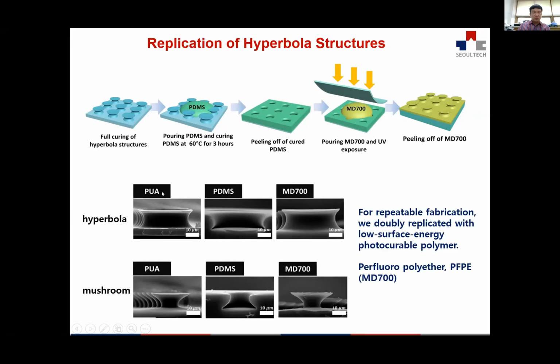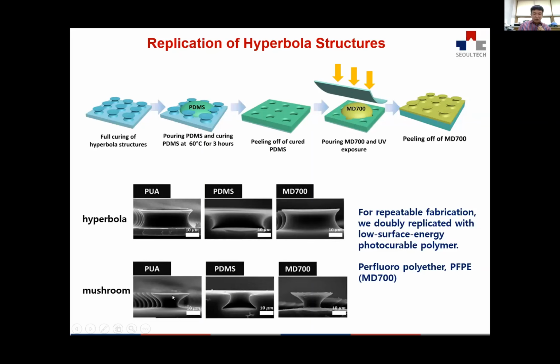In this case, at first we used the polyurethane acrylate, and the first replicated structure is this one, and we can get the doubly replicated structures with fluoropolymer. And when we control the condition such as the space ratio, we can get the mushroom structures like this.